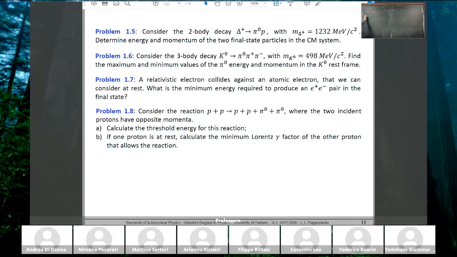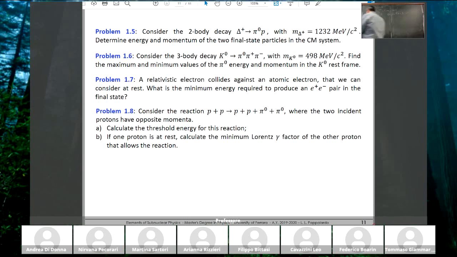Now, let's work out the formula. P1 is equal to E and P, and P2 is E and minus P. Okay? Because we know from the text that the protons have opposite momentum. So suppose it is a linear proton-proton collider.